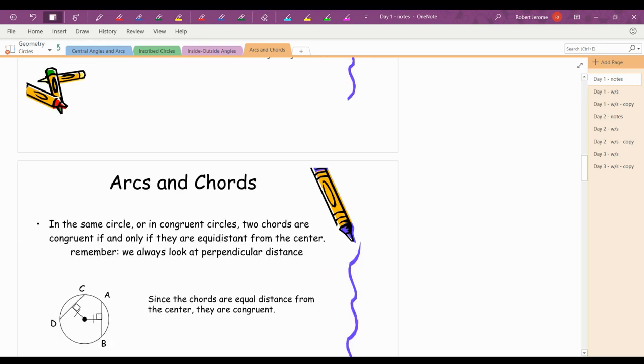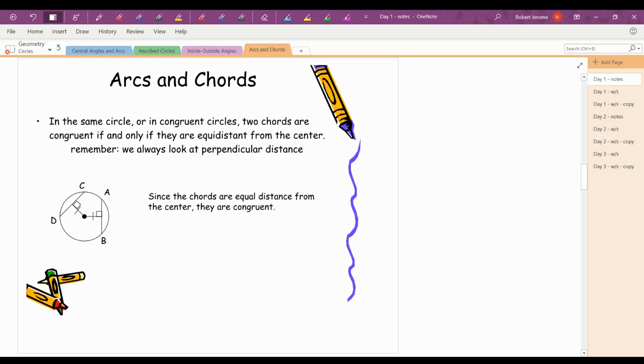Okay, so let's get into our three rules, and there's only three of them that relate angles and chords. So first we can say here that two chords are congruent if they are equidistant from the center.